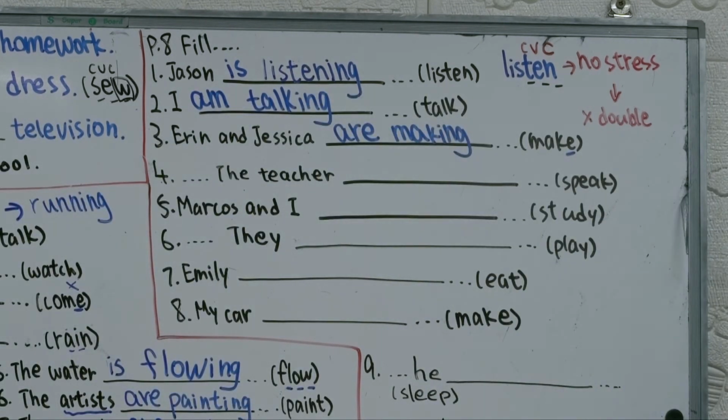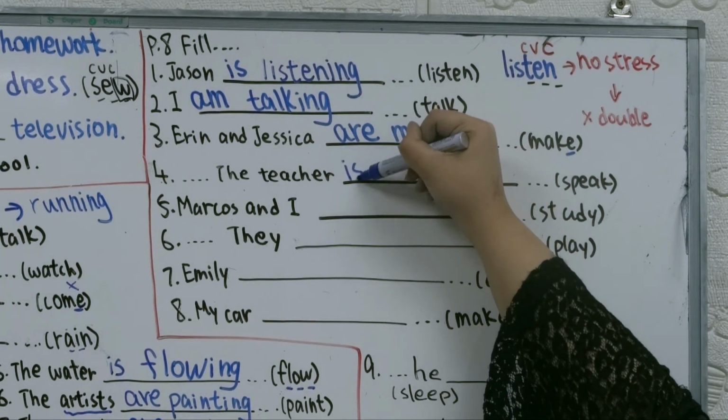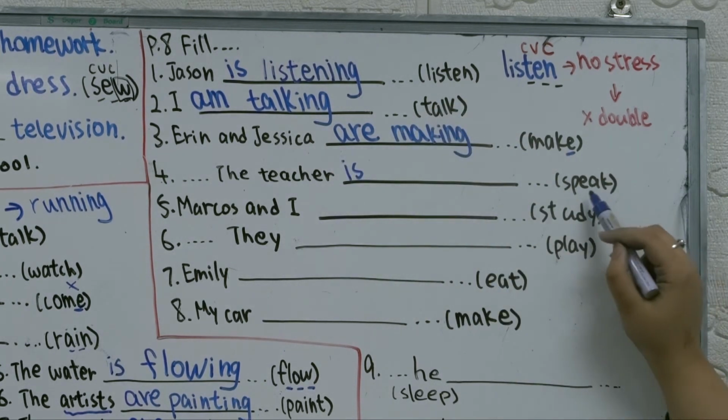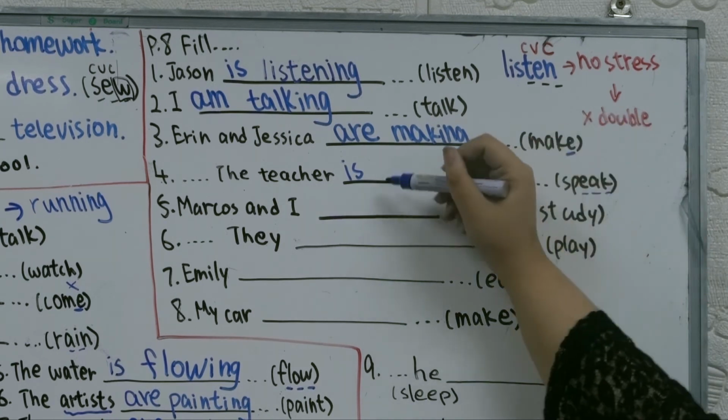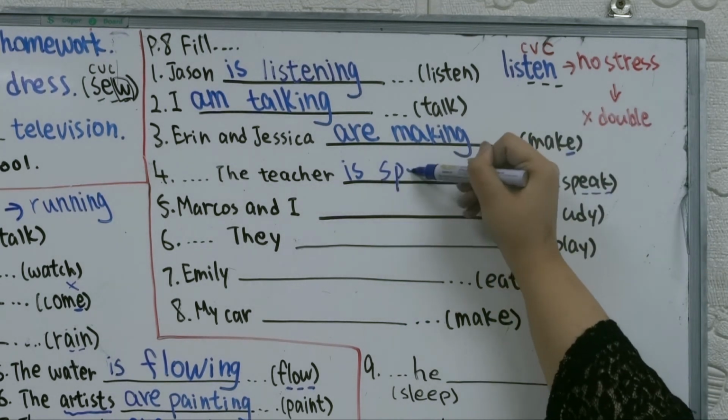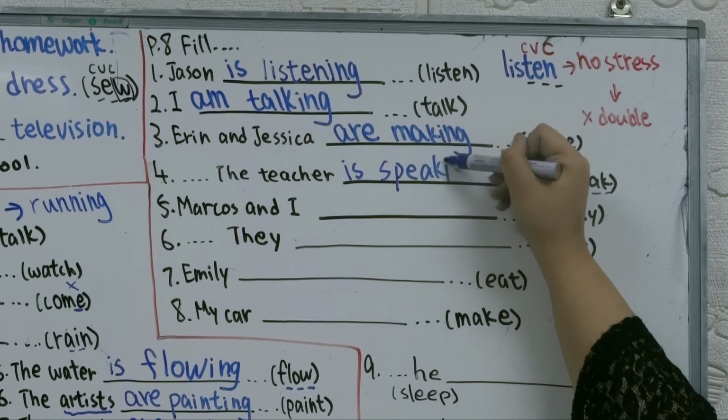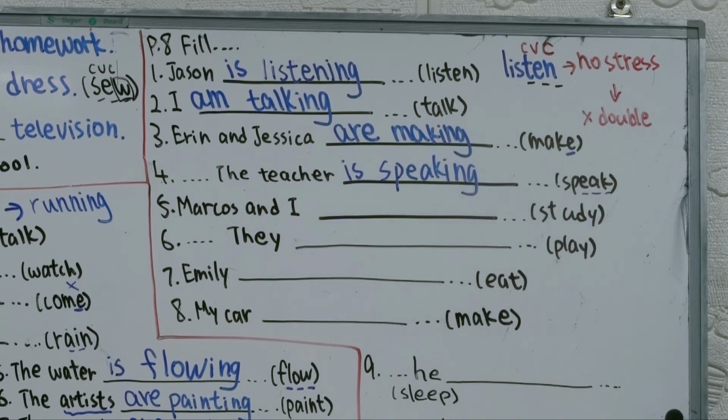So we use is. And then speak, nothing special. So we use ing. Speak becomes speaking. Present participle form. The teacher is speaking now.